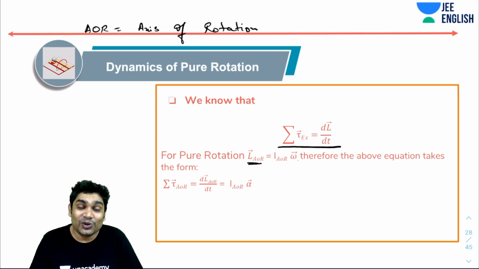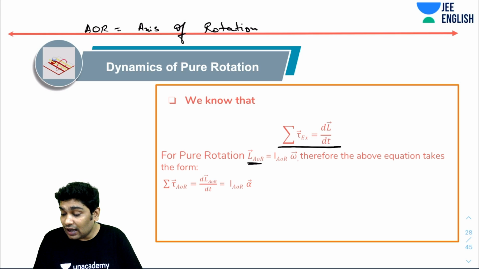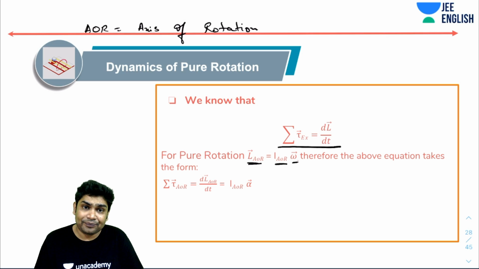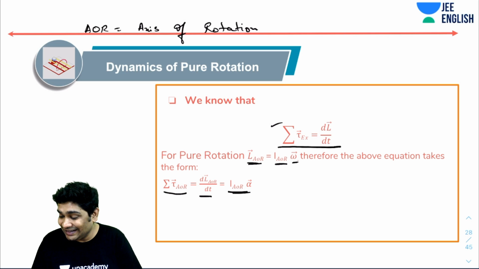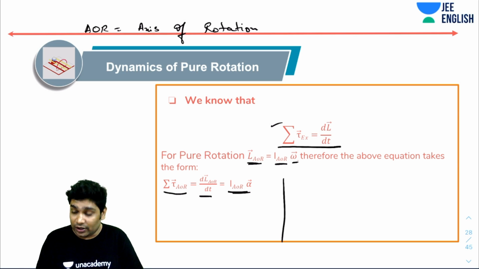So you already know that angular momentum about axis of rotation is I about axis of rotation times omega, right? So what I can also say is you can use this equation and I can say summation of all the torques about the axis of rotation will be dL by dt, which becomes I about AOR times alpha. So remember, this is the equation that you're going to use for your pure rotation.